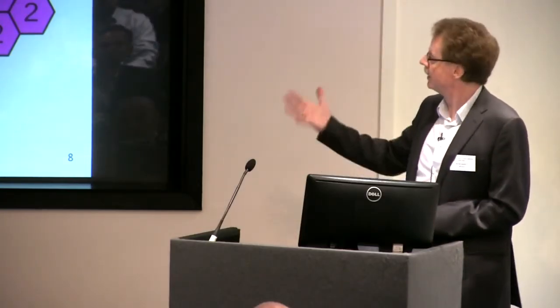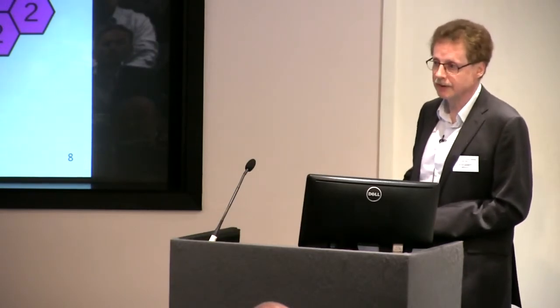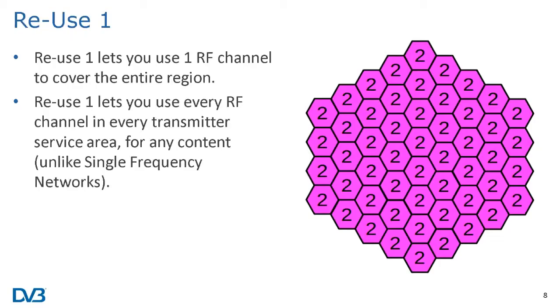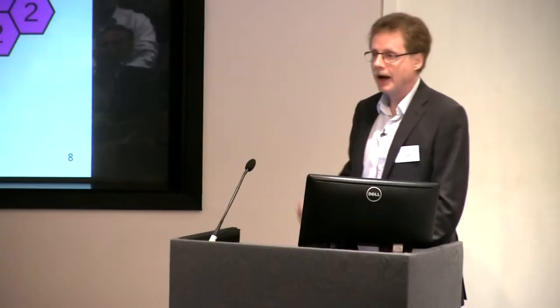That's a lot easier to meet, and that kind of discrimination can be provided by antenna performance and so on. So reuse 1 lets you use every RF channel in every transmitter service area for any content, and that's the distinction you have to make with this thing called single frequency networks, which are quite widely used with current technology.